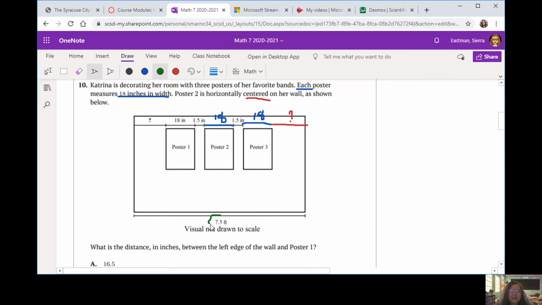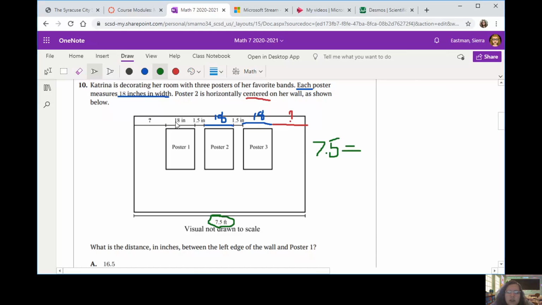I almost missed this total that they were giving us, okay? Visual not drawn to scale doesn't matter a whole lot. That just means that on your paper, this actually isn't 18 inches, right? But you have to look very closely. They're giving us this total. The whole thing is supposed to be 7.5 feet, which is going to be equal to this length after we figure out what those question marks are.